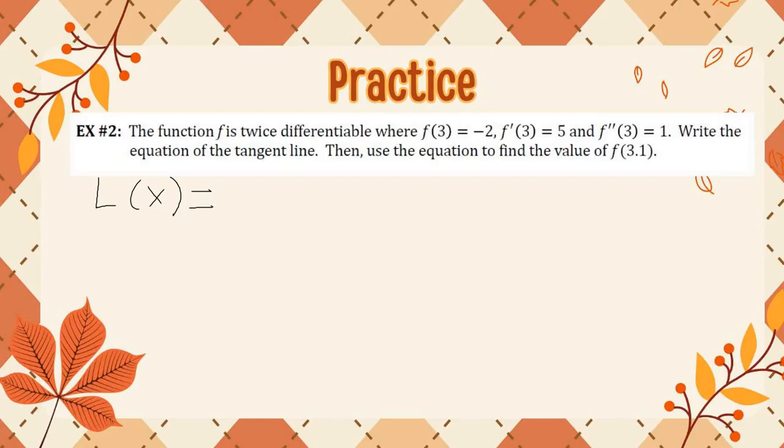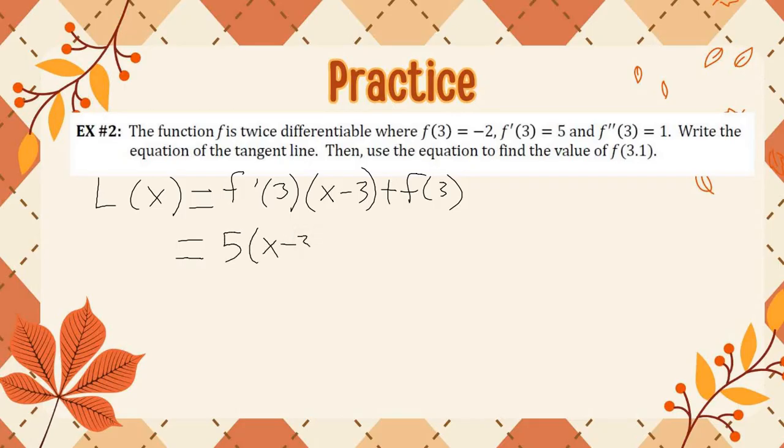That's the information they give us. So I have f prime of 3 times x minus 3 plus f of 3. What's my f prime of 3? 5. Okay, x minus 3. And what's my f of 3? Negative 2. There we go. So that would be my tangent line for my approximation.